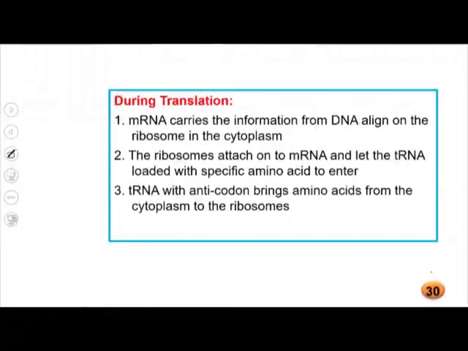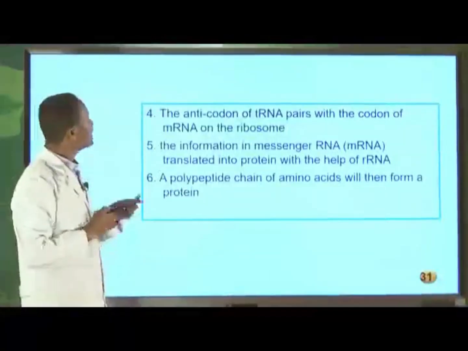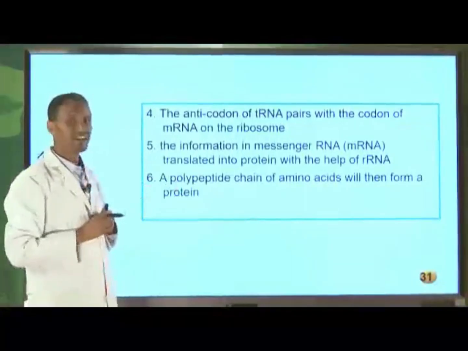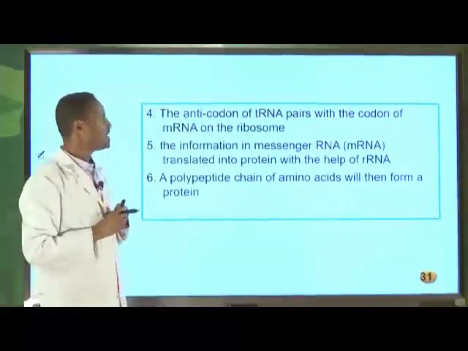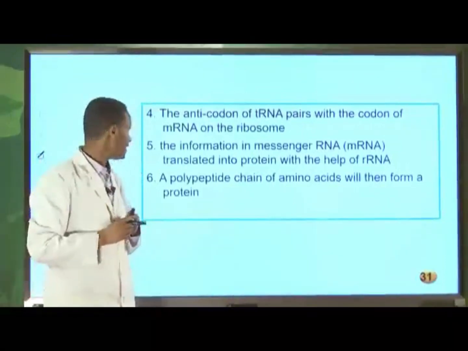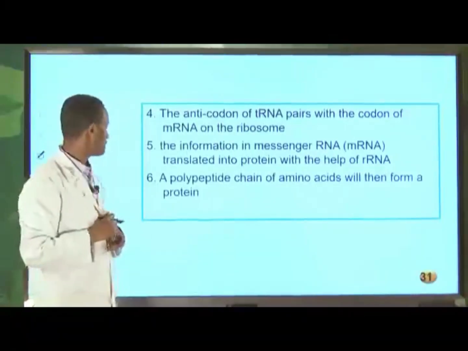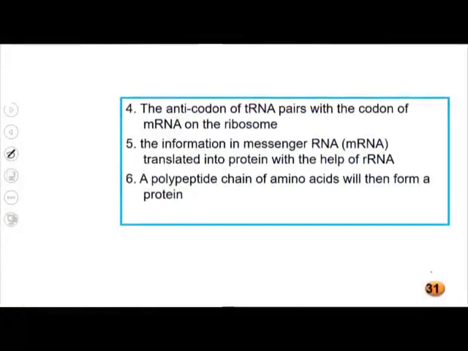The third, transfer RNA with an anticodon brings this amino acid from the cytoplasm to the ribosome. The fourth step, the anticodon on transfer RNA pairs with the codon of messenger RNA on the ribosome. At the fifth stage, the information in messenger RNA is translated into protein with the help of ribosomal RNA. Then the polypeptide chain of amino acids will form a protein.